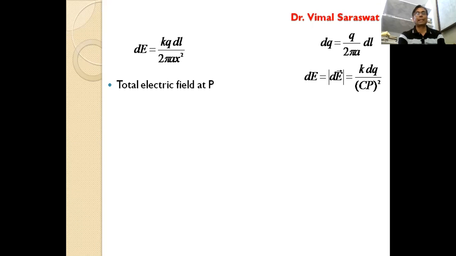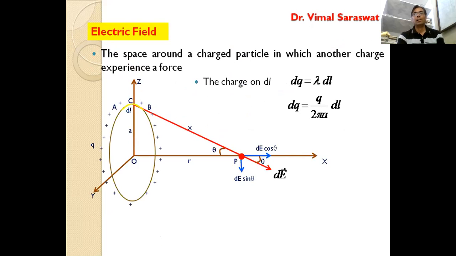Now total electric field at P, E is equal to integration of dEx plus integration of dEz. Since we want to find the total electric field at this point, we assume another element having the same length as AB but in the opposite direction. It means the element will be here. Since the length of the element is the same, the charge of this element will also be dq.